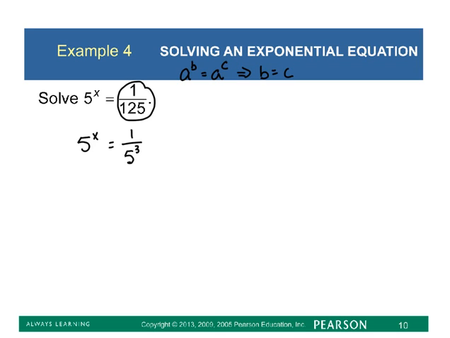Or we can say that is the same thing as 5 to the negative third. And then we're almost there. So 5 to the negative third and 5 to the x, if those are equal to each other, then just like this says, b equals c. So x equals -3. And we're done solving that equation.